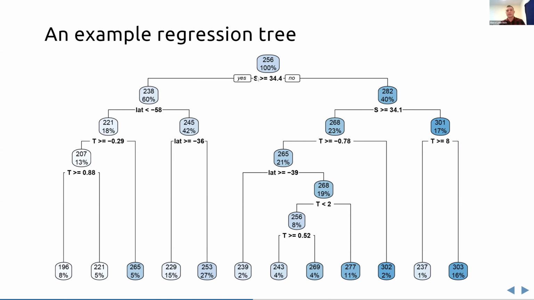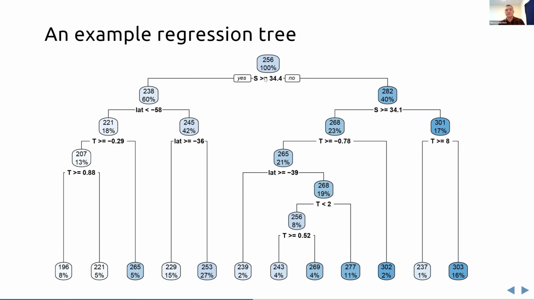In this case, it's salinity, and salinity splits the data into 2 subsets with average concentrations of oxygen 238 and 282. Further splits can be made using the same variable or a different variable until some optimality criteria are met. The nodes below are so-called terminal nodes, which serve as predictions from this tree for a certain combination of covariates.